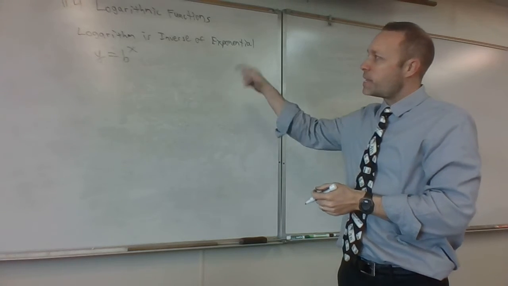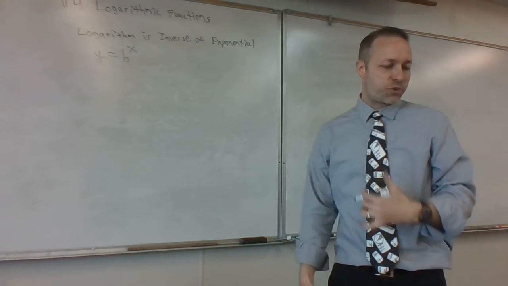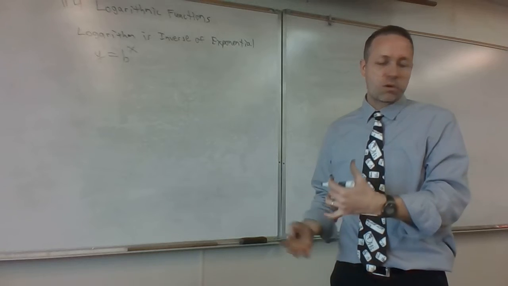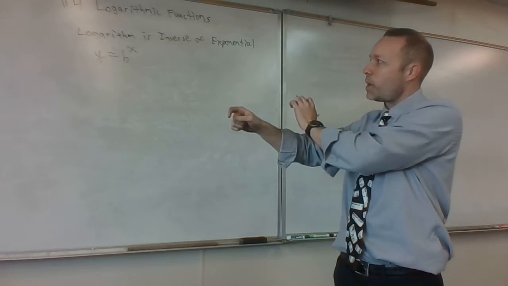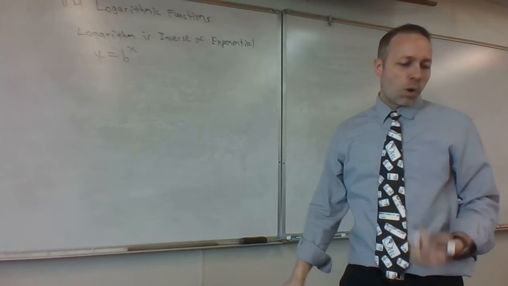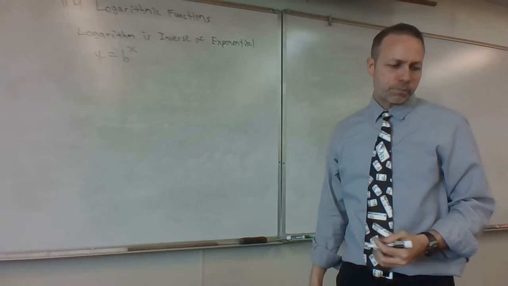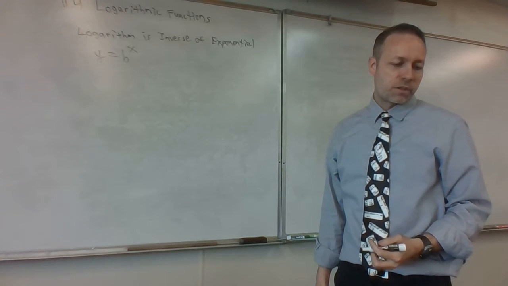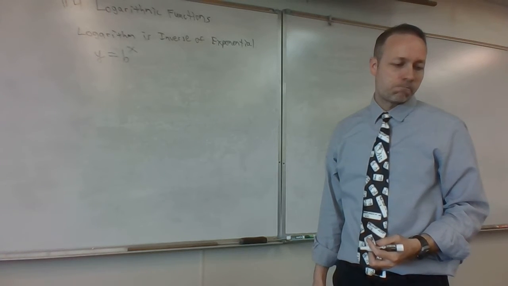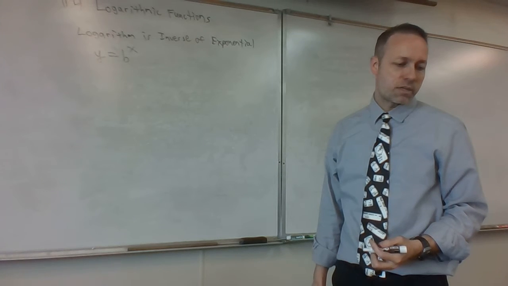So if we have y equals b to the x, and we want to do some rearranging in order to find the inverse, you would swap x and y and then solve.